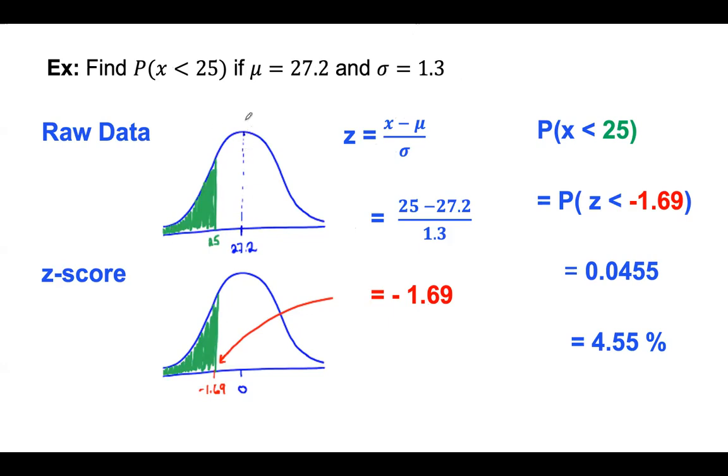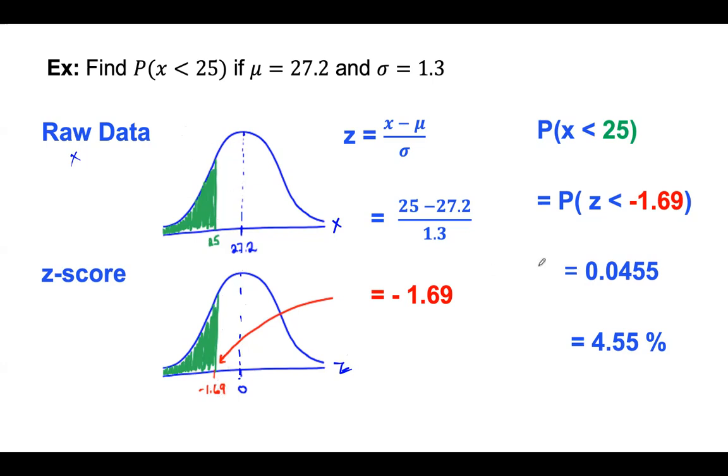We can put that in and draw a bell curve. This is our raw data, our X values. Now, for our Z-score, we know our mean is going to be 0. Our raw data here was 25, and this translated into negative 1.69.